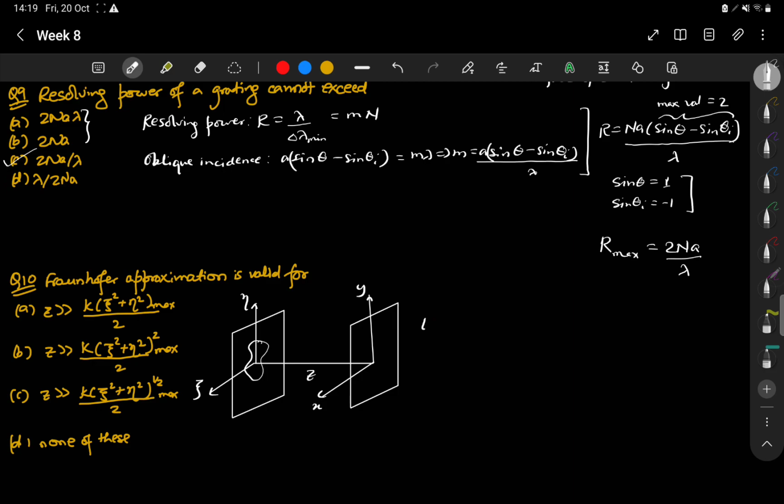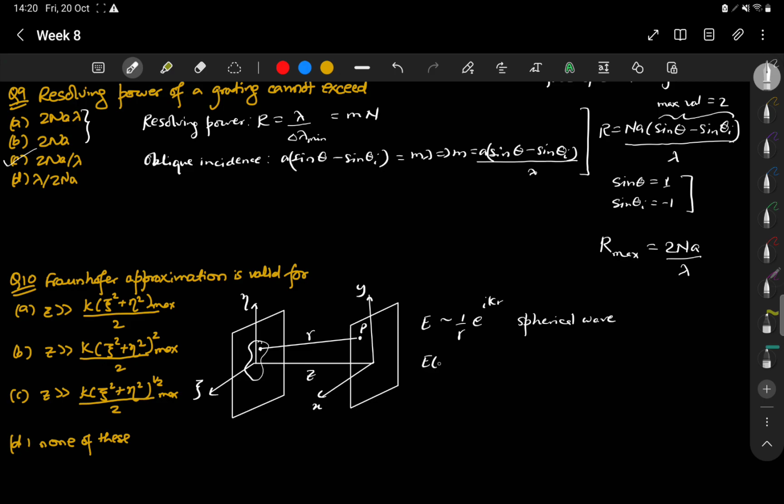Now the electric field is of the form e to the power ikr by r for a spherical wave, and let's say I'm looking at a point P on the screen and some area element for the aperture, and let's say this distance is r.